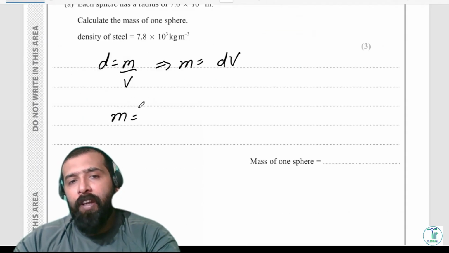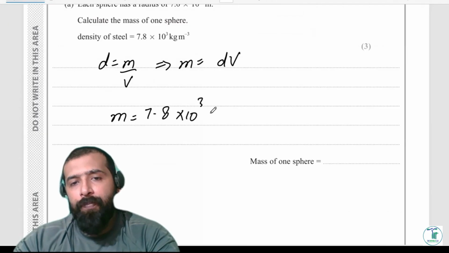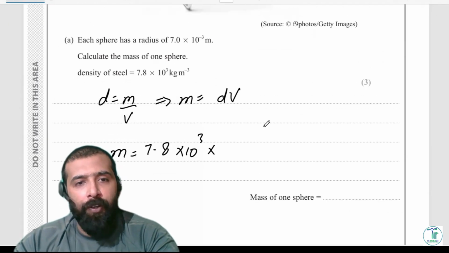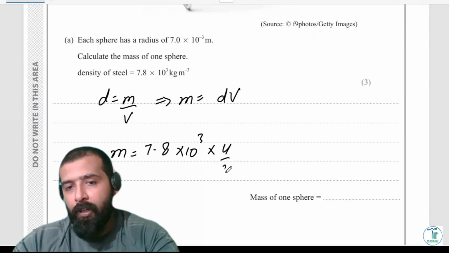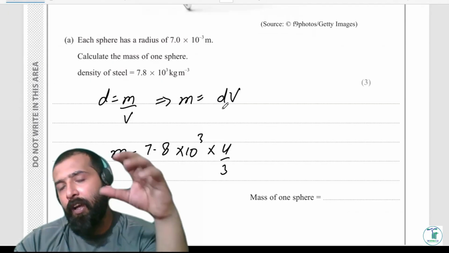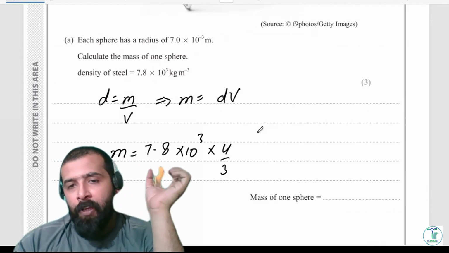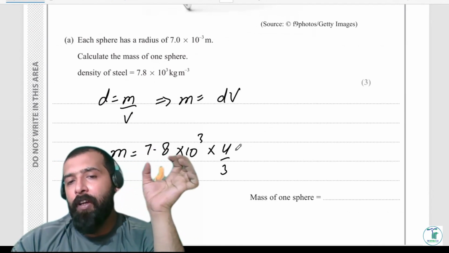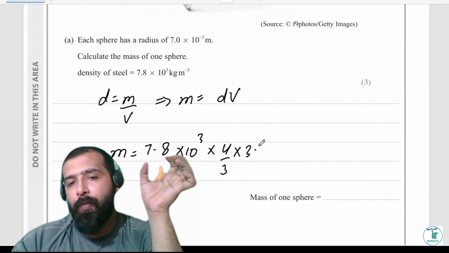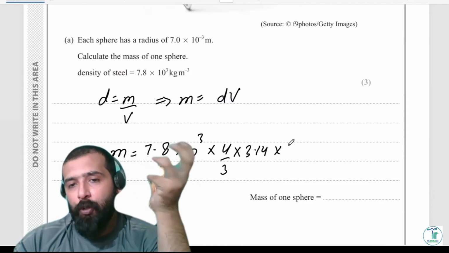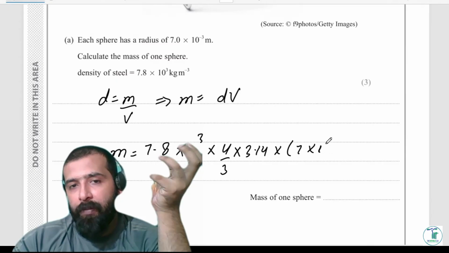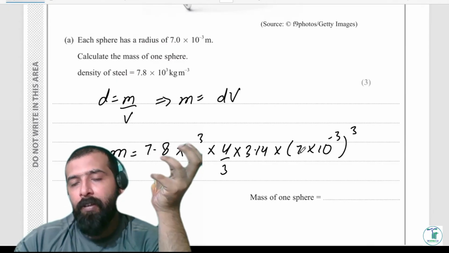So you've got the density, and that is 7.8 times 10 raised to the power of 3. And the volume of the sphere has to be 4 by 3 pi r cube, because you've got the radius and you need to calculate the volume of that sphere. So 4 by 3 times 3.14 times r cube, where r is 7 times 10 raised to the power of -3, cubed.